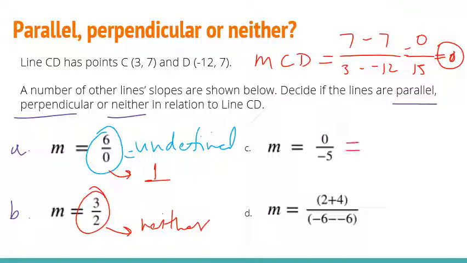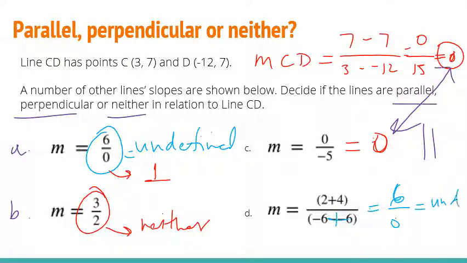Over here in part C, this is a 0 because 0 is on top, so these two lines are going to be parallel. Same slopes, right? Parallel. And then finally, to make us do a little work down here, we're going to get 6 over 0. So there's undefined again, which I'm going to abbreviate. That means, again, we have a perpendicular relationship because we're comparing to a 0 slope.